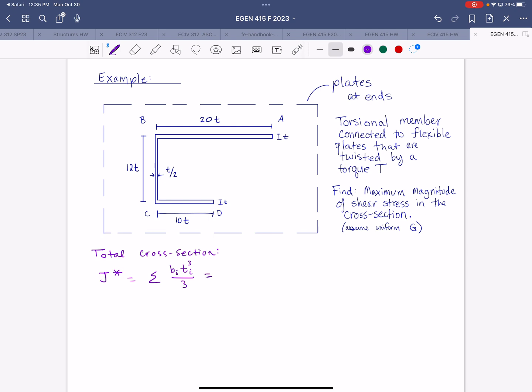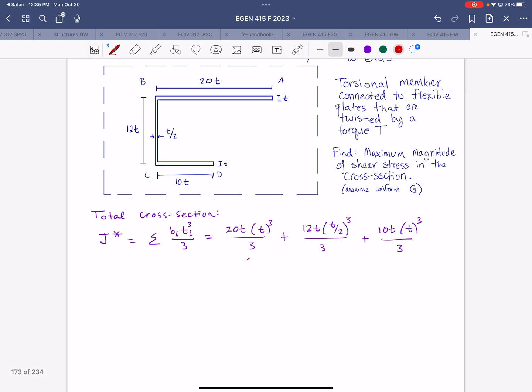So going through, starting at A, we have 20t times t cubed over 3, plus 12t times (t over 2) cubed over 3, plus 10t times t cubed over 3.